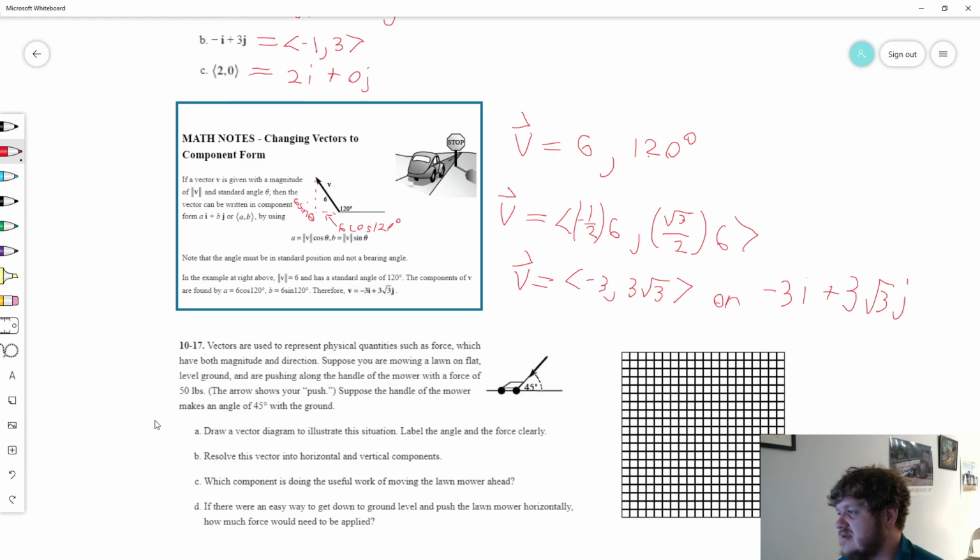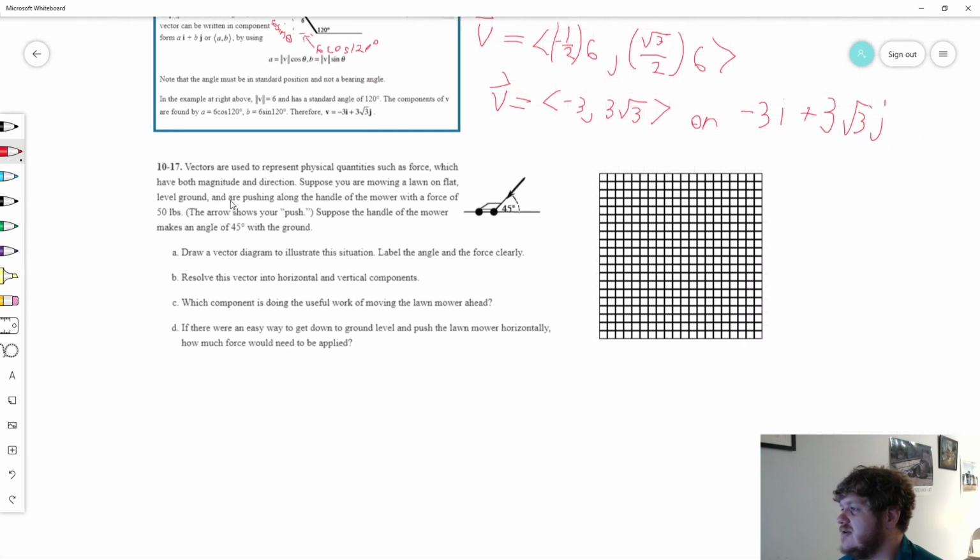And then in 17, what you're basically doing is taking the idea of turning it into component form and applying it to, say, something like pushing a lawnmower. So we have a lawnmower right here, and we're applying 50 pounds of force to it. And one of the things we would do normally is draw a vector diagram to illustrate the situation.